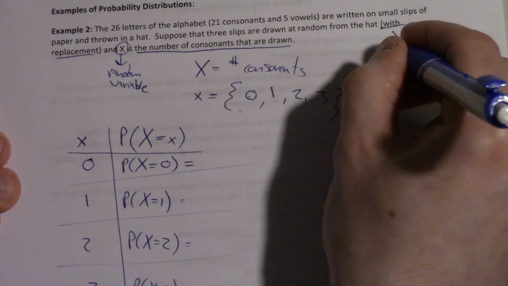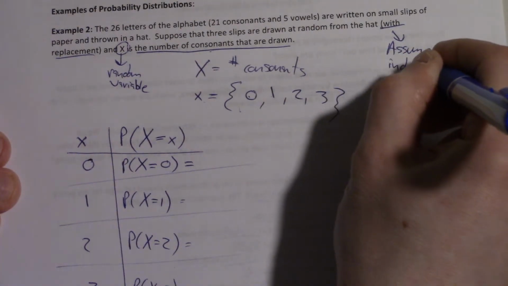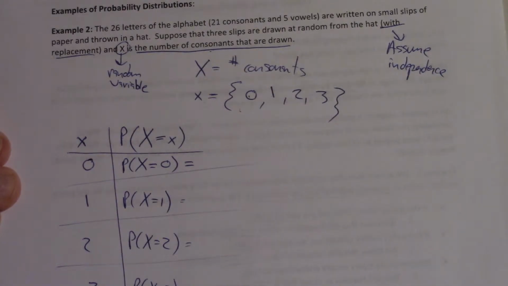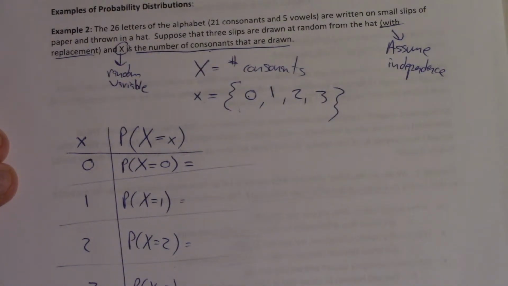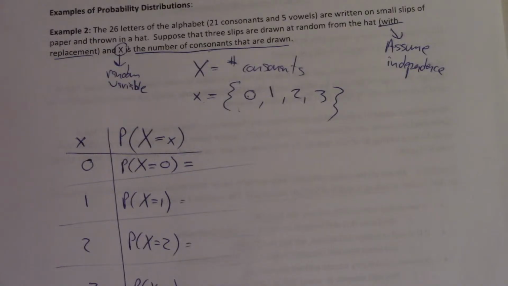So from this we are allowed to assume independence. So that means whatever our first slip is, consonant or vowel, it doesn't affect any subsequent slips. We put it back, the hat stays the same, all the slips of paper are as they were before, so whatever we draw next is still random. The probabilities don't change, what we observe doesn't affect anything.